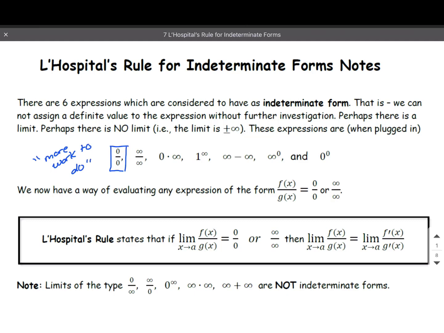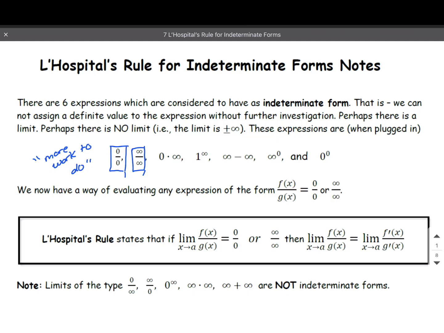Well, it turns out that there is another rule we can use, and that's L'Hopital's rule. If we have the indeterminate form 0 over 0 or infinity over infinity, okay, and then there are more: 0 times infinity, 1 raised to the infinity, infinity minus infinity, infinity raised to the 0, and 0 raised to the 0. All 7 of those are indeterminate forms.